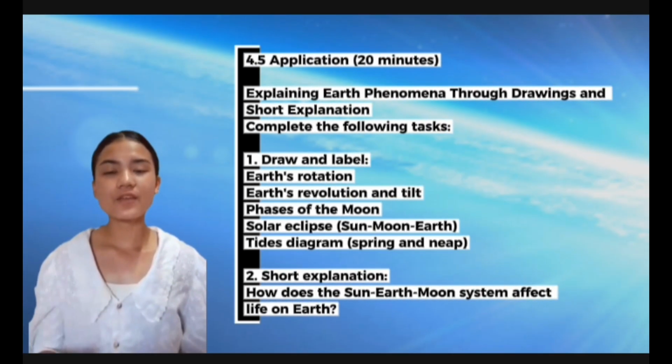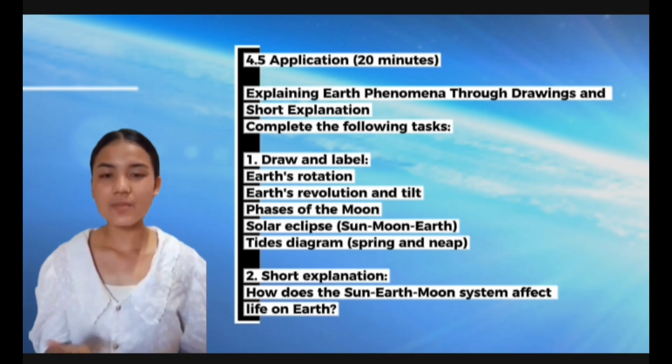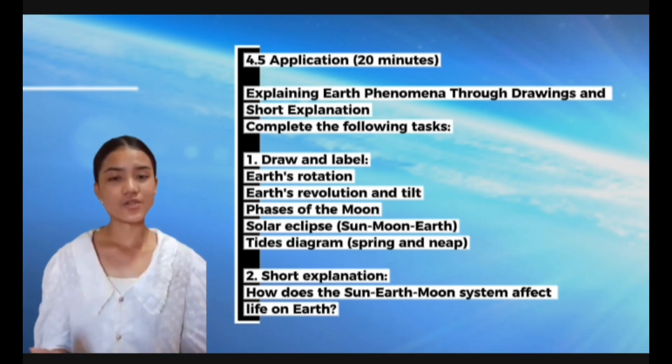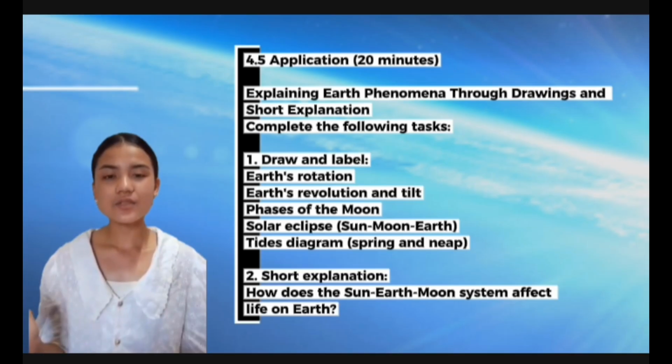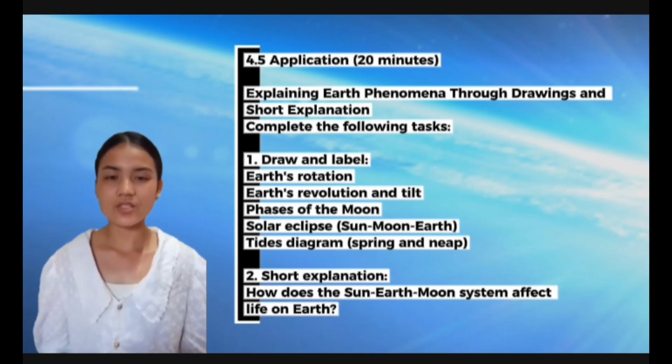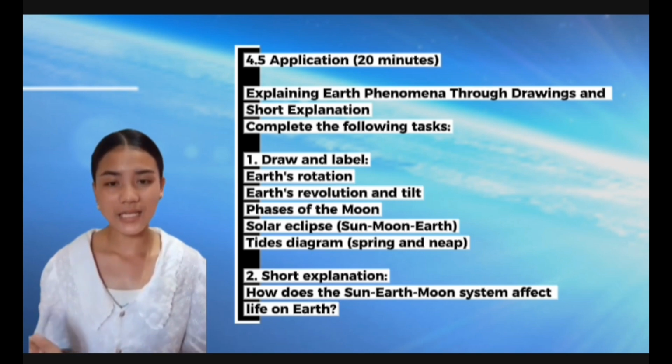Now for your activity, I want you to explain Earth phenomena through drawings and short explanations. You need to complete the following tasks. Number 1 is to draw and label the Earth's rotation, Earth's revolution, and tilt, phases of the Moon, the solar eclipse or sun, Moon, Earth, and the tides diagram, or spring and neap.